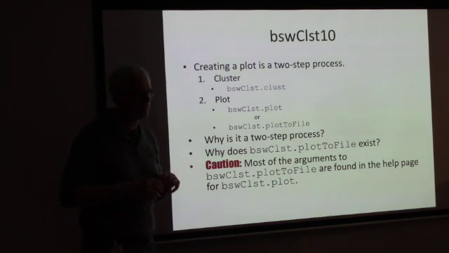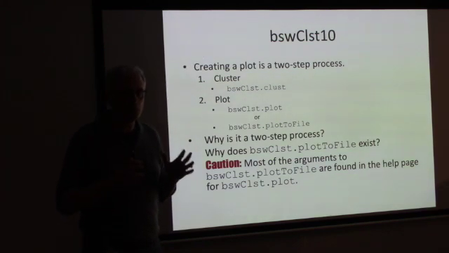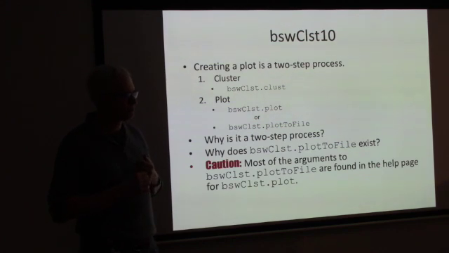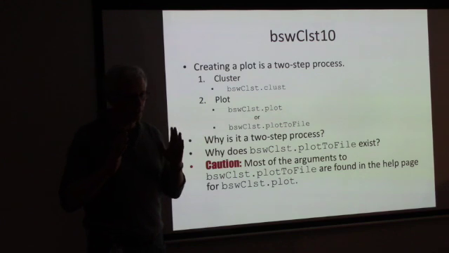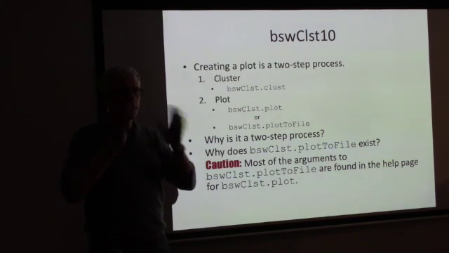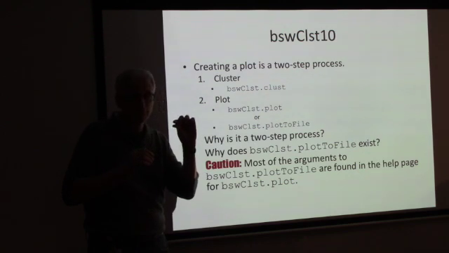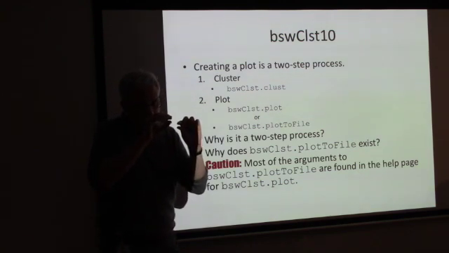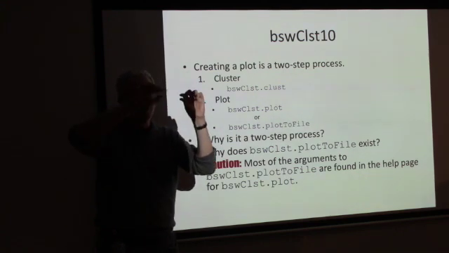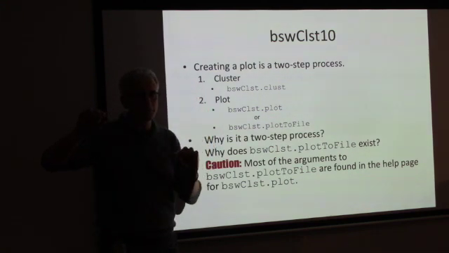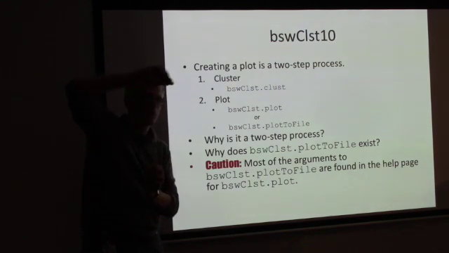So BSW-clust operates in a somewhat unusual way. Everything starts being plotted so that text is about 0.2 inches high, and the size of a row by default will be such that there's enough room for the text to go in, and the size of a column by default will be that same size.